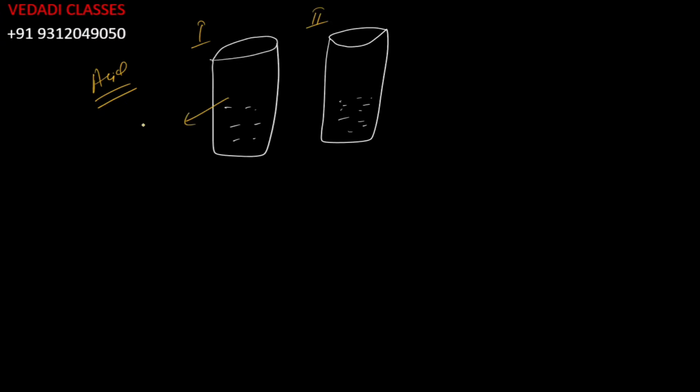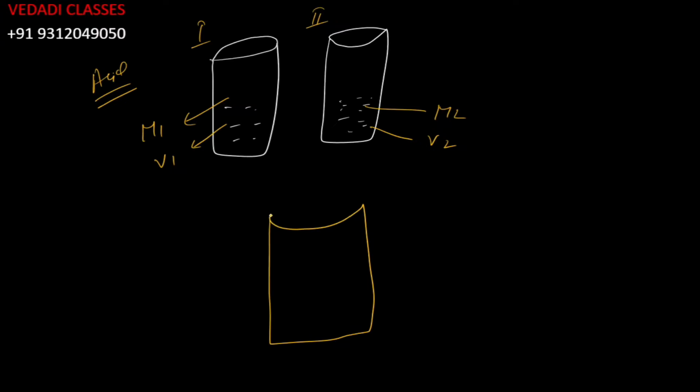Its concentration is M1 and volume is V1; the other has concentration M2 and volume V2. Both are different, but both are acids. Now what we will do is mix them up in a third container.